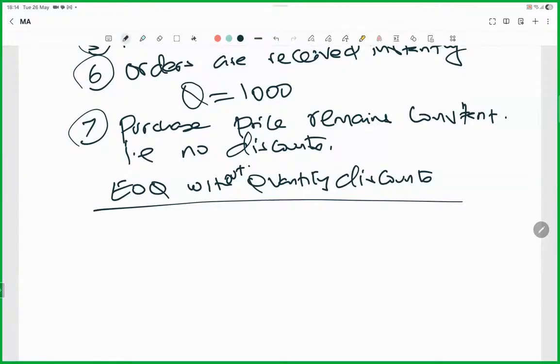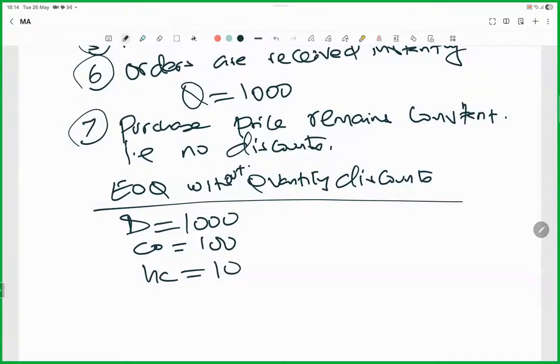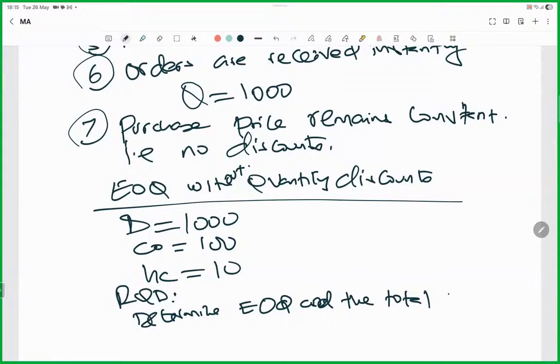Now, ladies and gentlemen, if you are given D is 1,000, CO is 100, HC is 10, you are required to determine the EOQ and the total cost to be incurred.